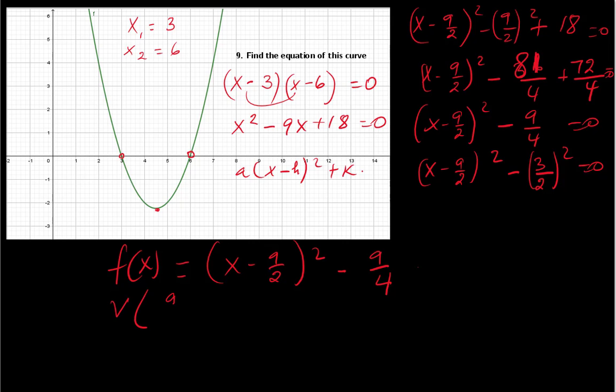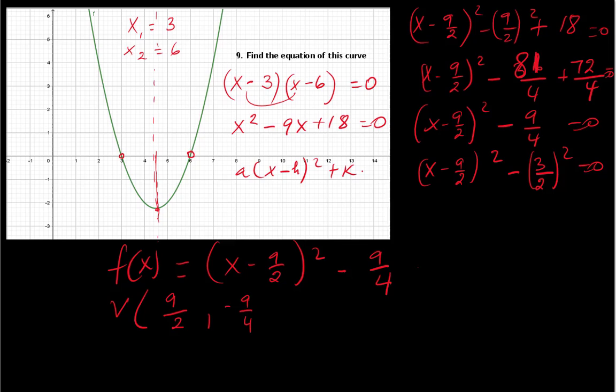Now if we look at the curve, we can see that the vertex, this vertex here, is centered at 9/2, 9/2 is 4.5 for x. We do it here. This is our axis of symmetry, and the other one is negative 9/4.